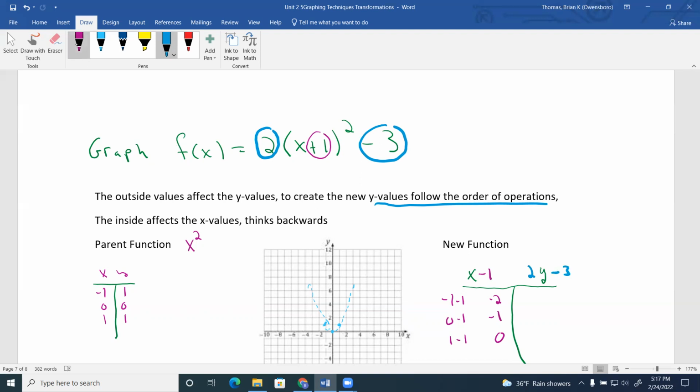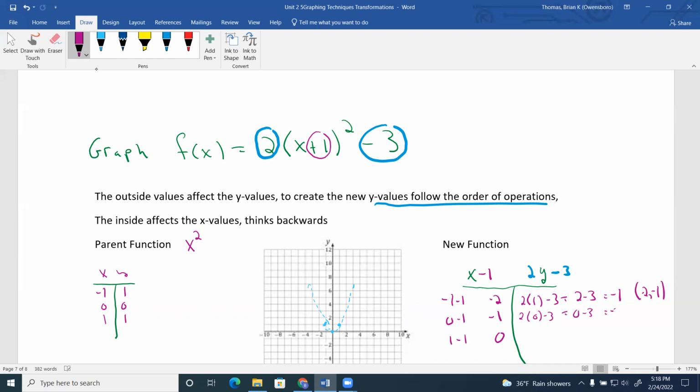So when I do that, I'm going to have 2 times 1 minus 3. That's going to be 2 minus 3, which would be -1. So -2, -1 would be a new point to plot. Y was 0, so 2 times 0 minus 3 is going to equal 0 minus 3.